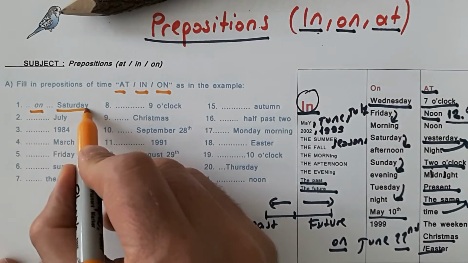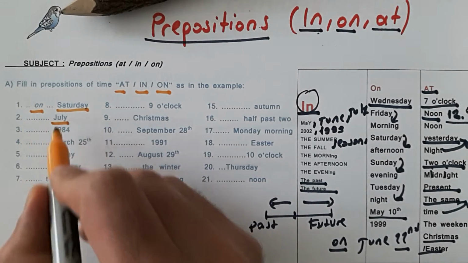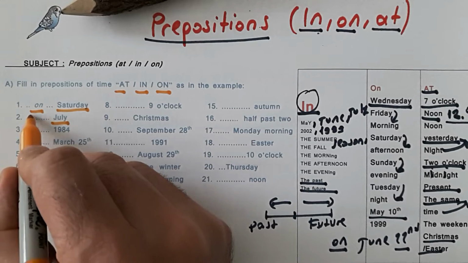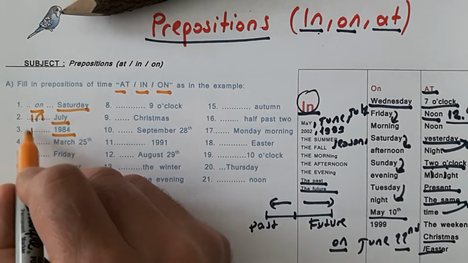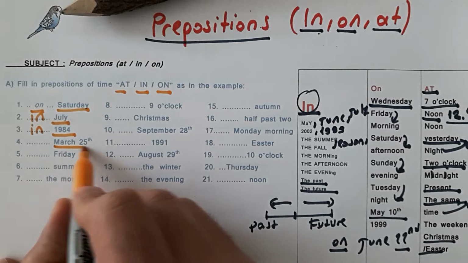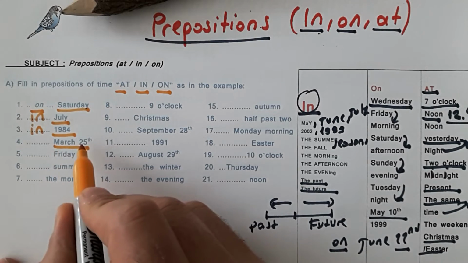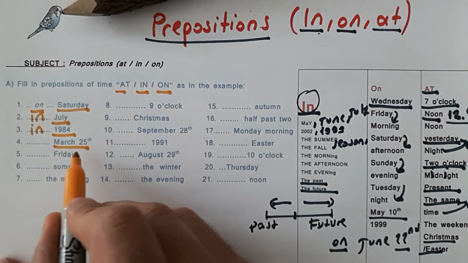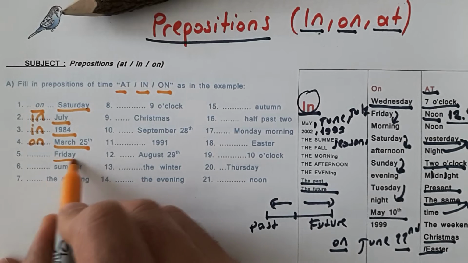On Saturday, before days we are using on, and before months we are using in. While we are using the months with dates, we are using on.